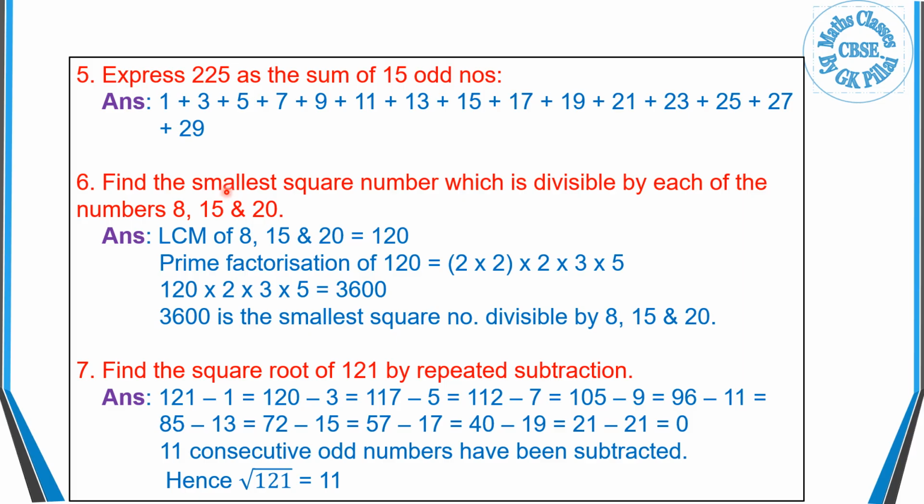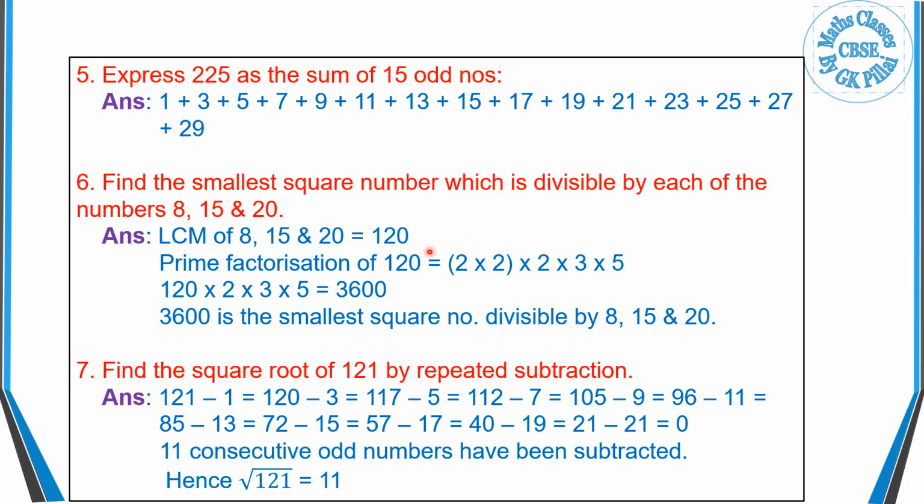Find the smallest square number which is divisible by each of the numbers 8, 15 and 20. Just like another sum which I discussed earlier, find the LCM of these numbers, that will be 120. This sum is a bit different from that. That is the idea of giving a repeated sum. 120, when you prime factorize, you will get this many factors. 2 into 2 is okay, but 2, 3 and 5, these are not in pairs.